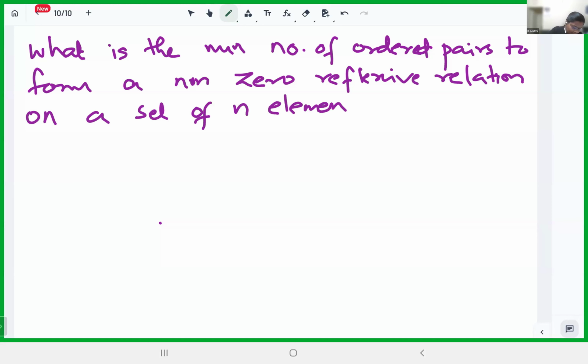The options are n square, then n minus 1, then n, and then n plus 1.